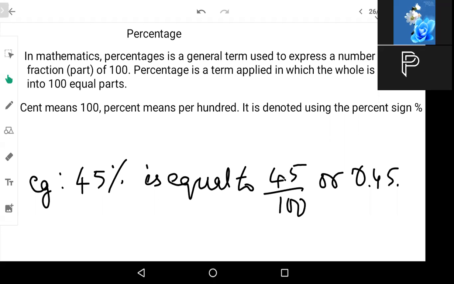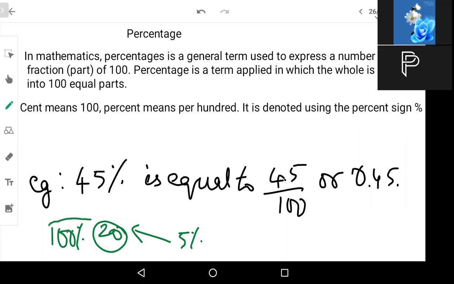Now let us take for example, we have a number, let's say 20. Now, if I want to find out 5% of this 20, this number 20 is considered as 100%.